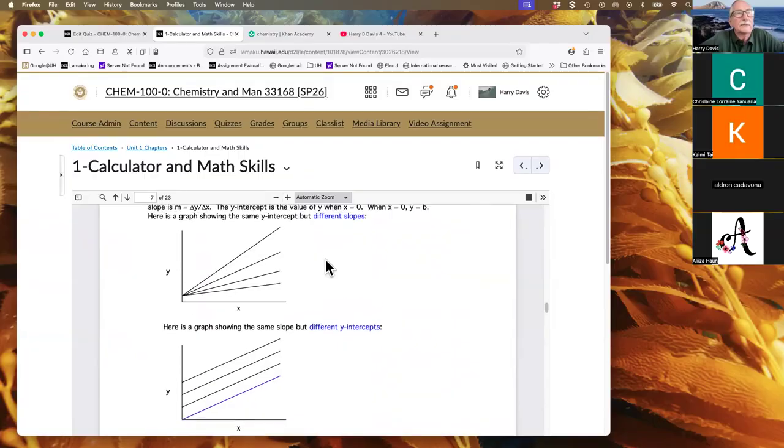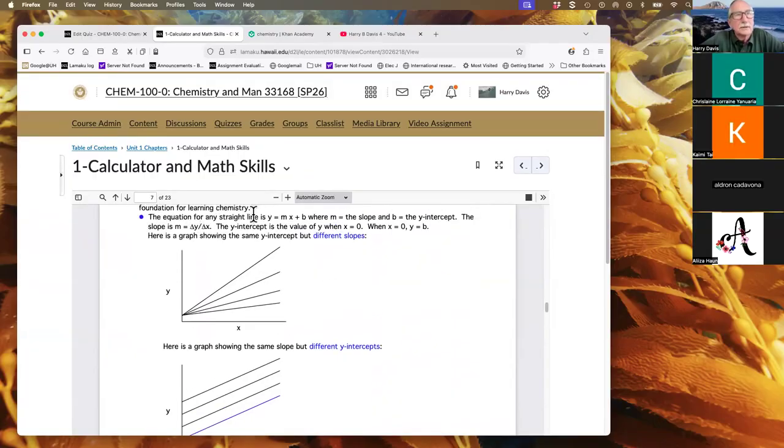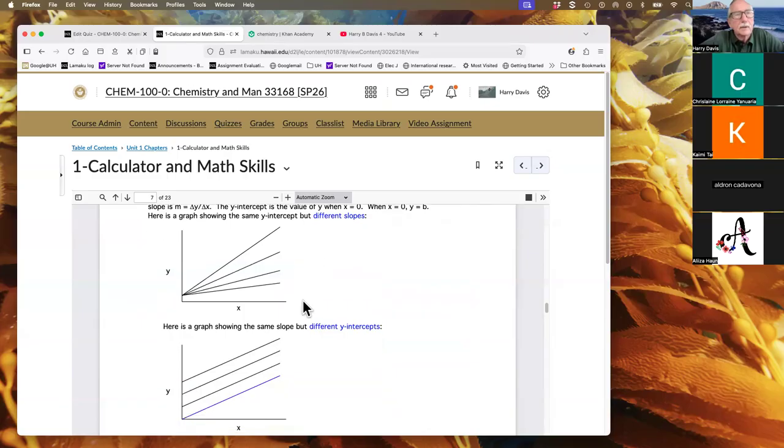So here's a graph. A graph of a straight line is y equals mx plus b. The intercept, in other words b, is where y is equal to b if x is equal to 0. There's b right there, right?